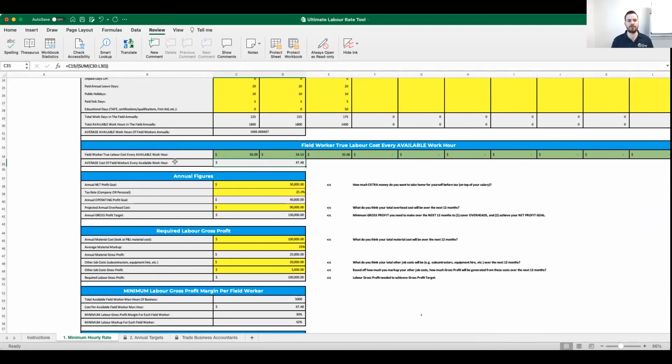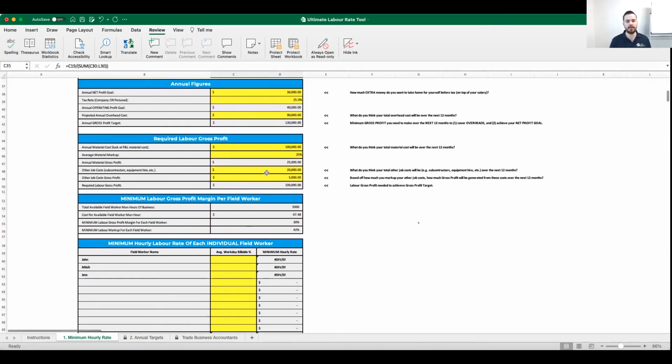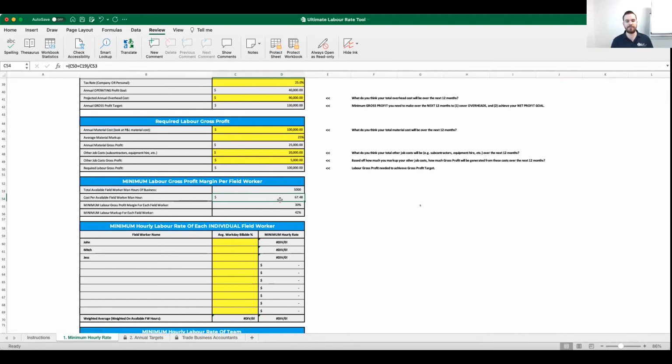Now, when we look at that, if we now come back to here, you'll see this $47, which was the average cost of our field workers available annually. Once we actually figure out that we need to create this much gross profit, that pops out a figure of $67. So if you were 100% billable, now if you don't know what that means, don't worry just yet, I'll explain that in a second.